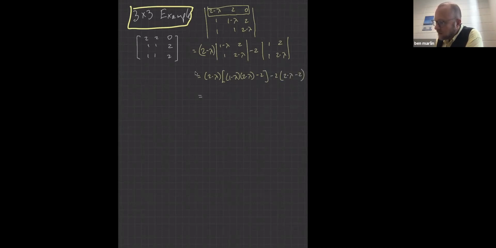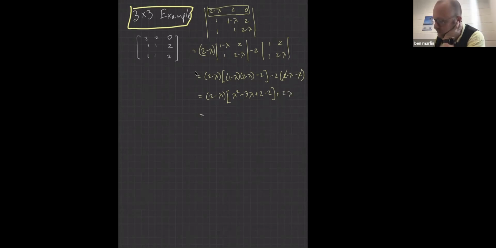Okay, so 2 minus lambda times lambda squared, let's see, minus 2 and minus 1, so minus 3 lambda, plus 2 minus 2, minus, and it looks like those 2's are going to cancel, so really plus 2 lambda.